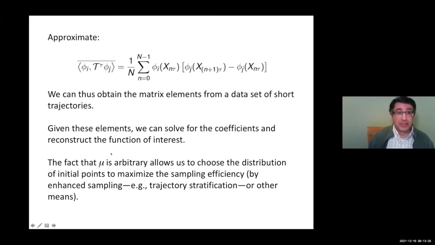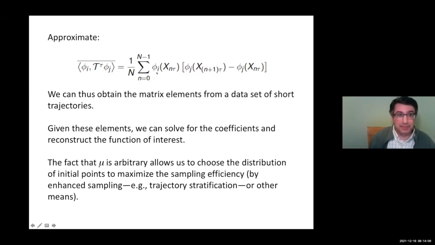So we can estimate these matrix elements from molecular dynamics data. We generate a database of trajectories, and then pick time points that are separated by a time tau, the lag time. We approximate the action of T on phi j by the difference of phi j at tau minus phi j at 0.